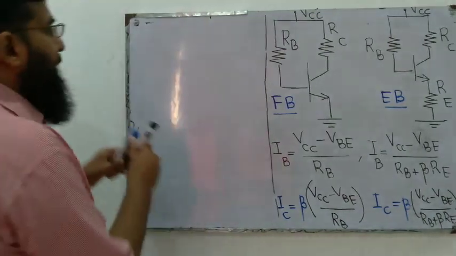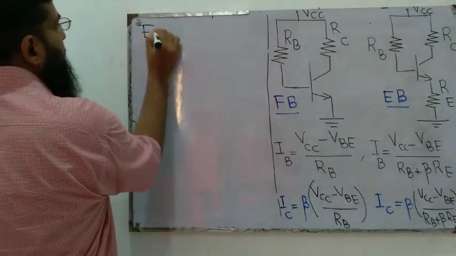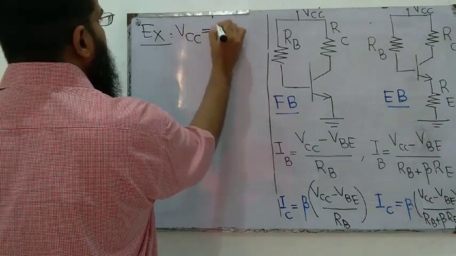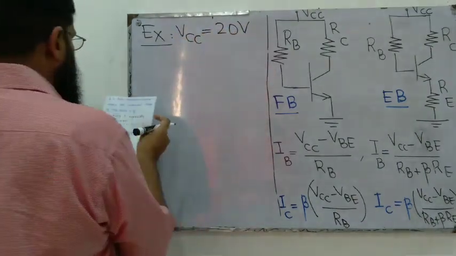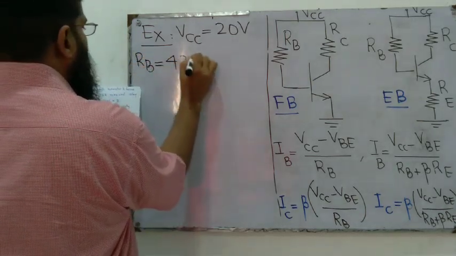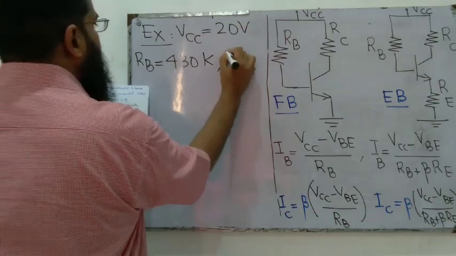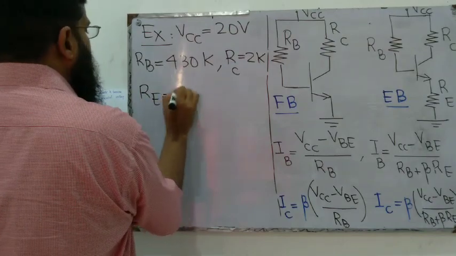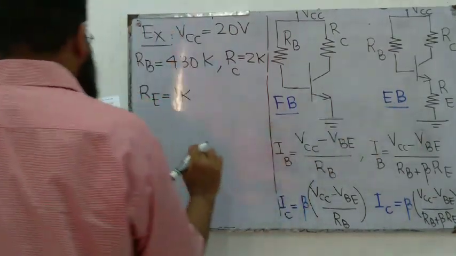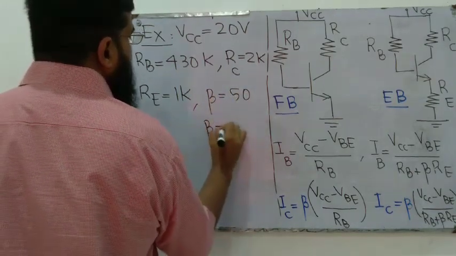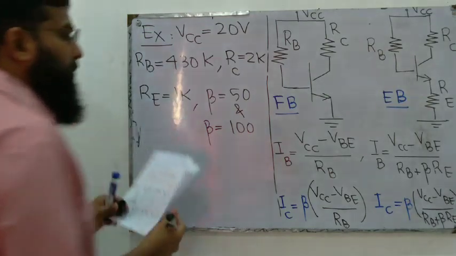Let's solve a numerical example. I am giving a circuit where VCC is 20 volts, RB is 430K, RC is 2K, RE is 1K for the emitter bias circuit, and we are given two values of beta: beta equal to 50 and beta equal to 100.